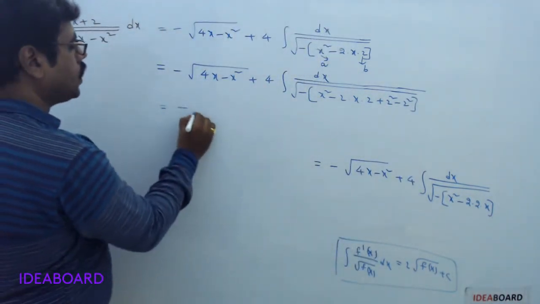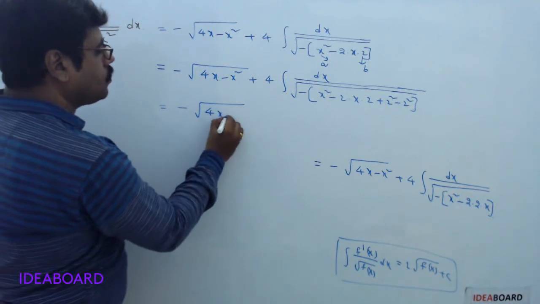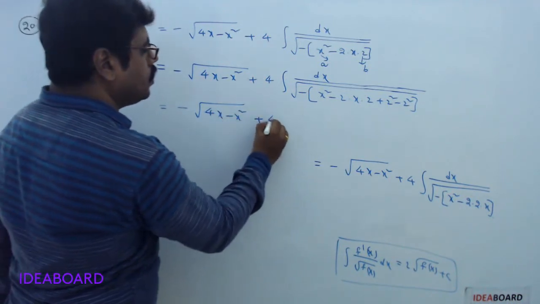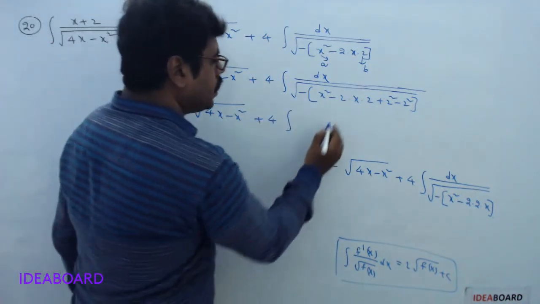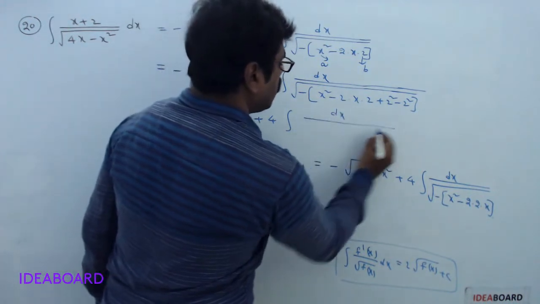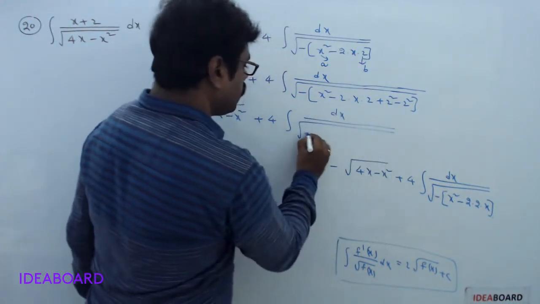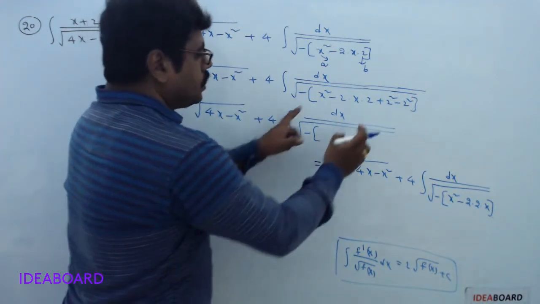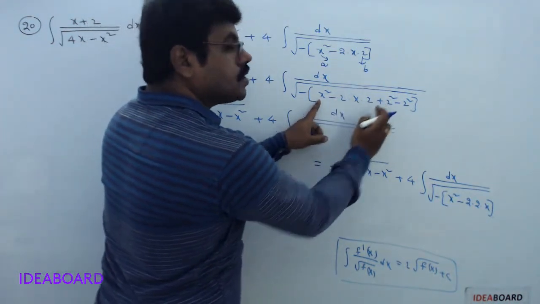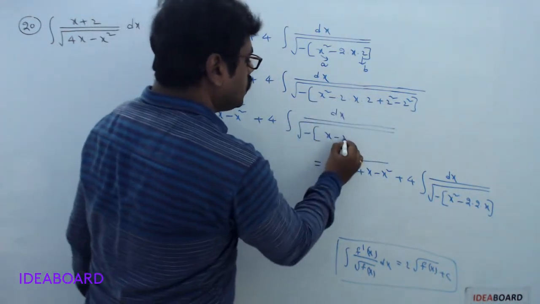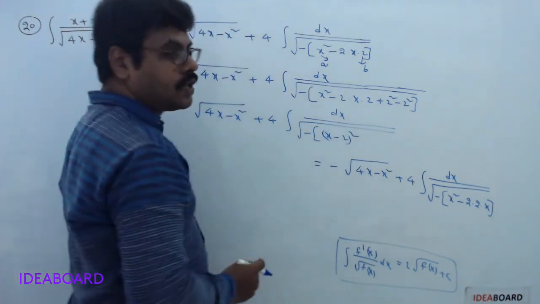Now once again minus square root of 4x minus x square plus 4 into integral dx divided by square root of minus of. Here the combination of these three terms can be taken as x minus 2 whole square.